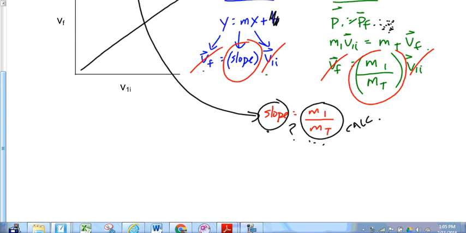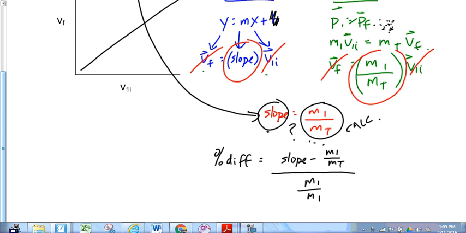Well, how close do you have to be? Let's calculate a percent difference. You guys remember the equation for that? Actual minus theoretical over theoretical. The actual value here will end up being the slope. The theoretical value, what it should be, is m1 over mt. Actual minus theoretical over theoretical, times 100.